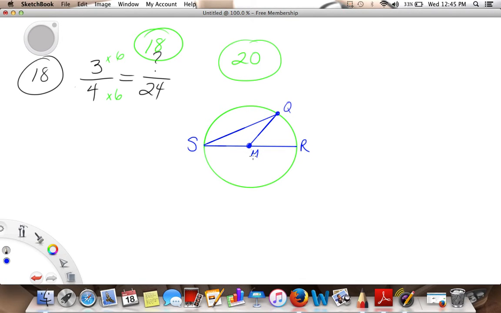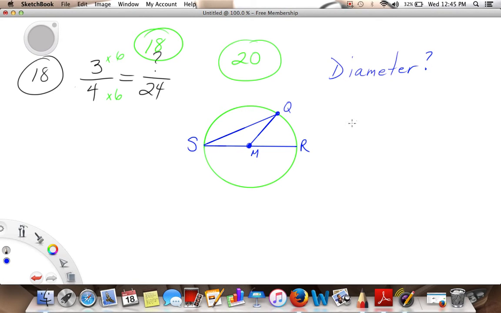Now we know that M is the center, and it asks us which segment in this circle is the diameter. Okay, so we're looking for the diameter. The diameter is a segment that goes from one side of the circle to the other side of the circle through the center.